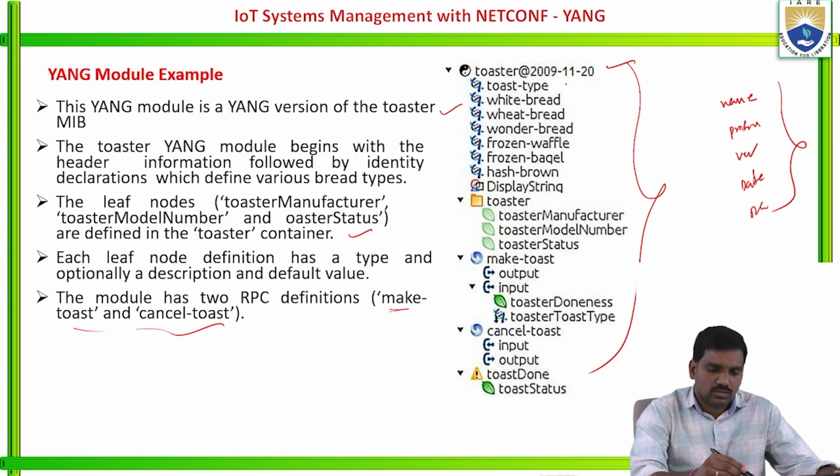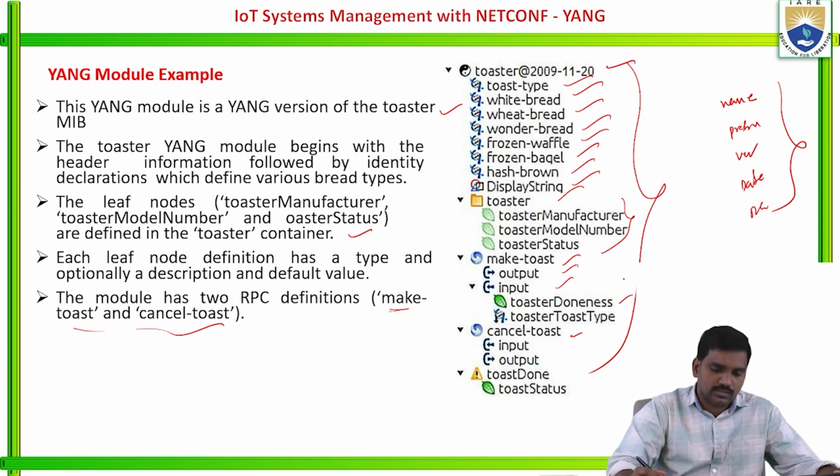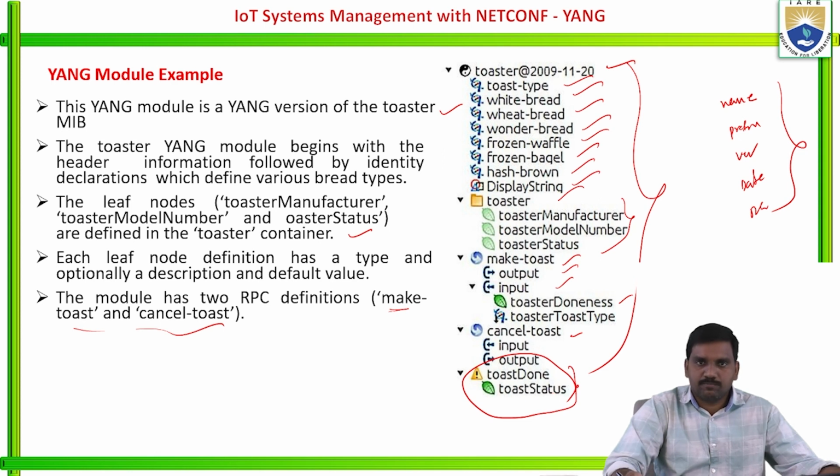Toaster type, breed, wheat bread, white bread, frozen waffle, frozen bagel, has brown display string toaster. These are the sub things. Make toast and cancel toast: in input we have some doneness, toaster type, and so on. Finally we reach toast done or toast status. So these are the things involved.